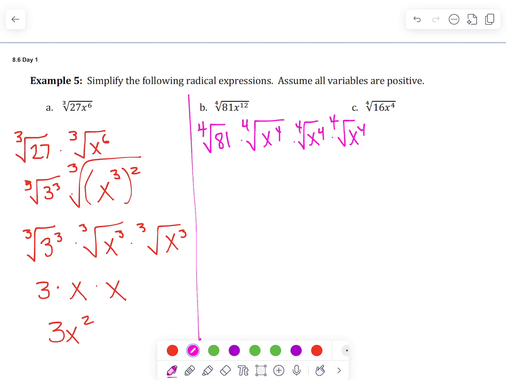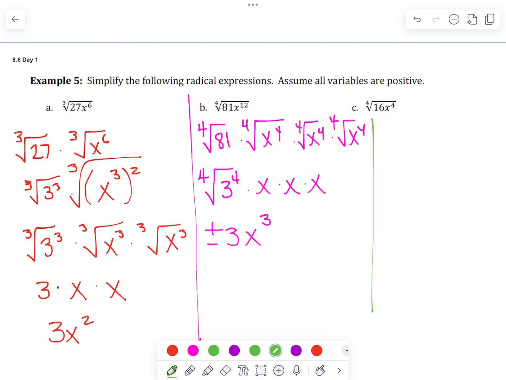Now since we have an even index, that 4th root will produce 2 solutions. So I'm going to rewrite 81 as 3 to the 4th power. And then we're going to get a plus or minus 3. Then we're going to get an x, and an x. So let's simplify down too. So that becomes 3x cubed plus or minus.